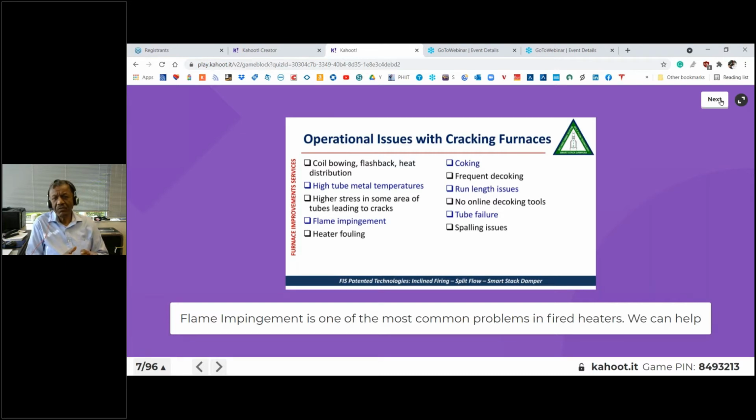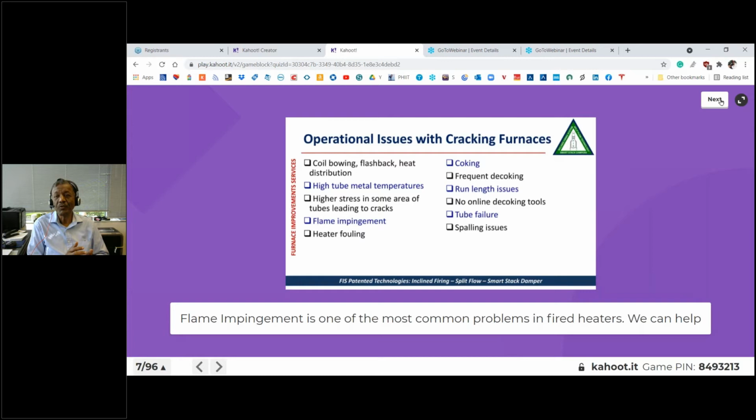I want to talk a little bit about cracking furnaces or any fired heaters. They all have 2 sides. One is what is happening inside the tubes, the radiant tubes, and that is reaction kinetics, which is a proprietary technology of 4 or 5 companies in the world.